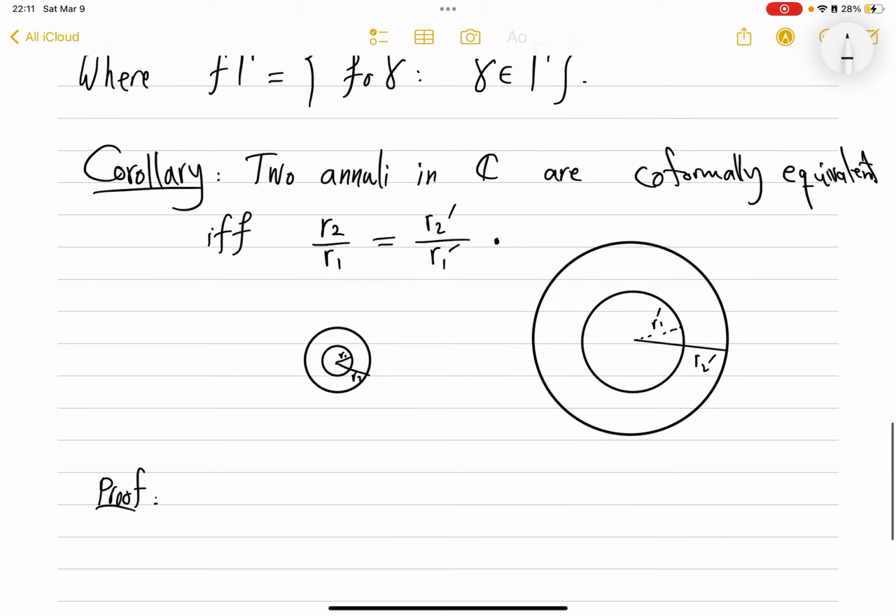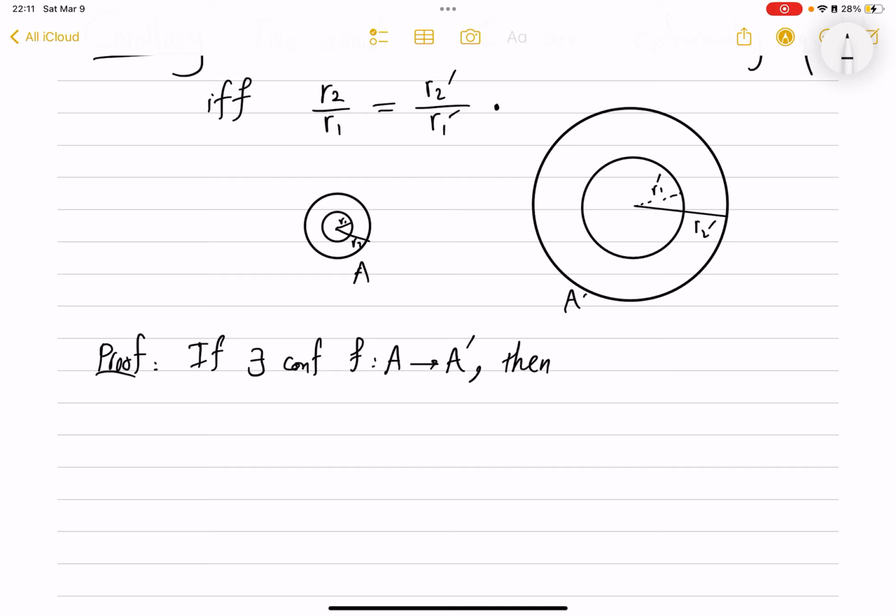Well, if there exists some conformal map f from annulus A to A prime, and then for Gamma equal to, again, the same collection of curves that join boundary to boundary, joins the two circles of A, of the family above, where we calculated the theorem for.